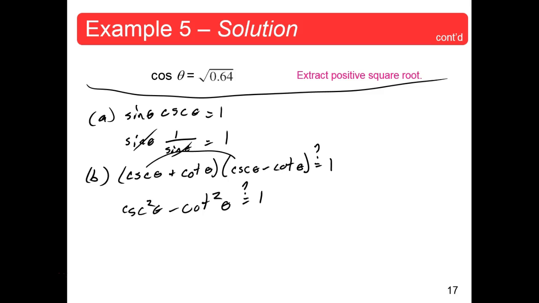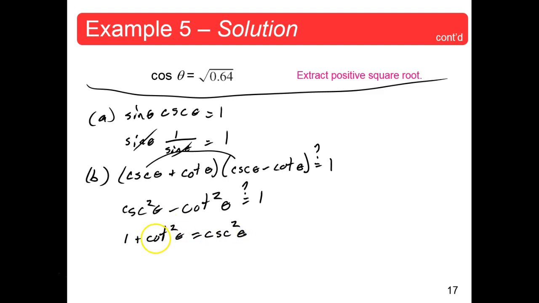One of your Pythagorean identities, but none of them look just like that. How did it look? We had 1 plus cotangent squared theta is equal to cosecant squared theta.